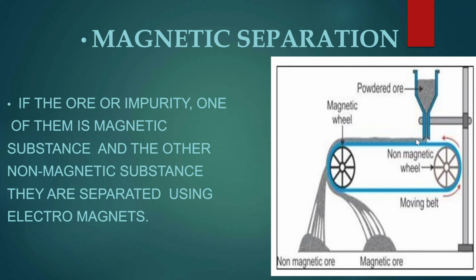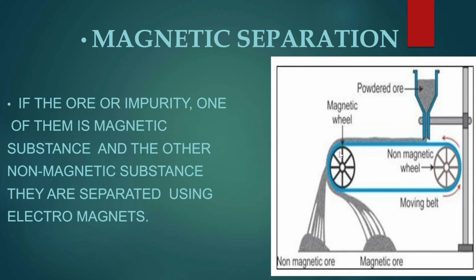So when the powdered ore is allowed to fall on this moving belt, it passes through this area, and the magnetic substances, that is the magnetic ore, get attracted by the wheel. So these magnetic ore particles are allowed to move further.